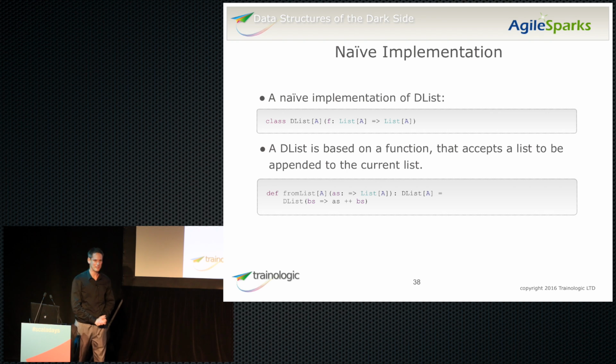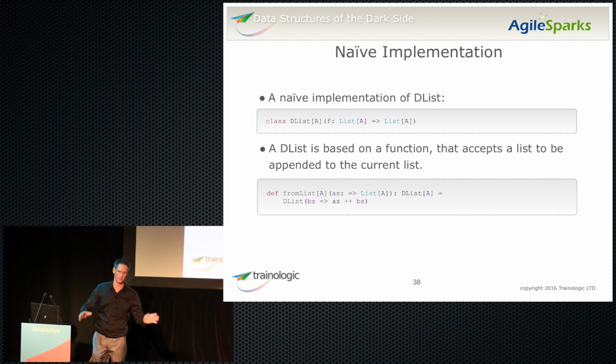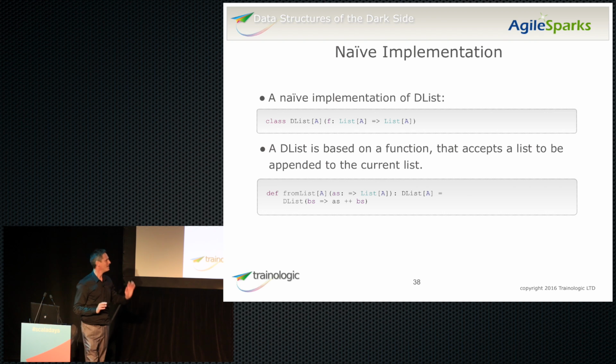Well, the naive representation, it's not the actual representation of DList, the naive representation is a function from list to list. What? Where are the elements? No, it's a function from list to list. And let's take a look at fromList. How do I create a DList from a list? So provided some list by name, I'm creating a DList with the following function.